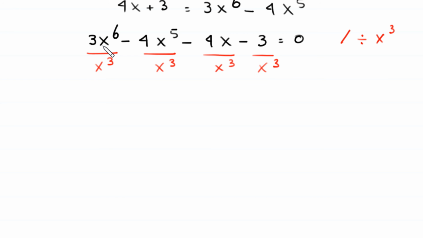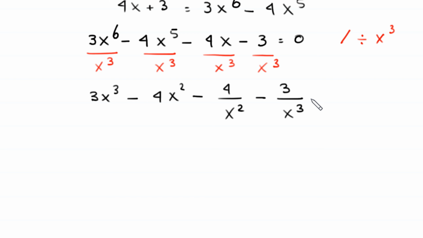So this 3x to the power 6 divided by x cubed will become 3x cubed, and this negative 4x to the power 5 over x to the power 3 will become negative 4 times x squared. This will become negative 4 over x squared minus, this remains same, 3 divided by x cubed equal to 0.